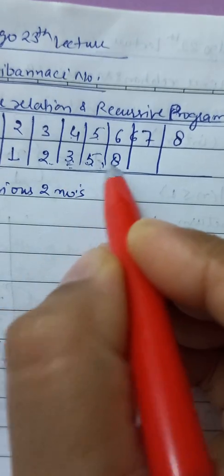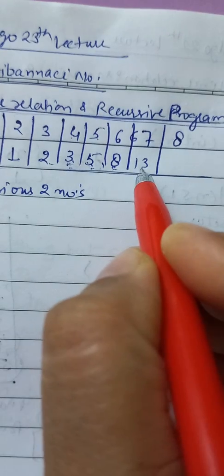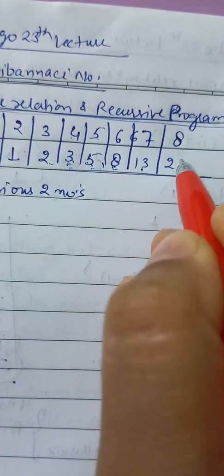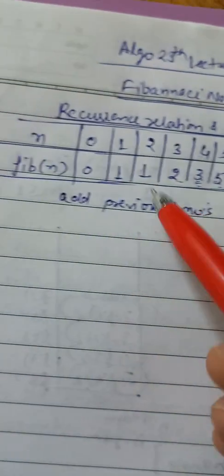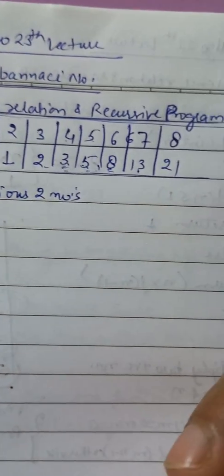So here we will get 8, here we will get 13, here we will get 21. Like this the Fibonacci series works, adding two previous numbers.